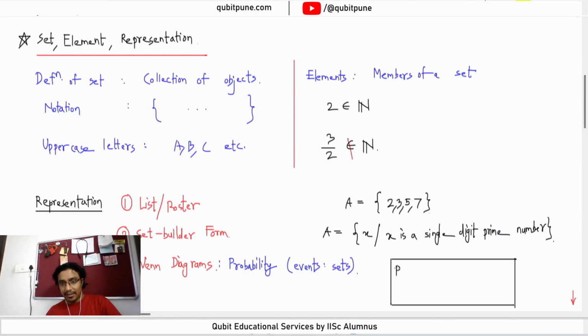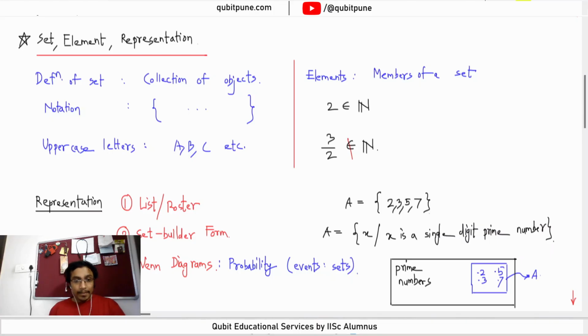Let's say this is the set of all prime numbers, and among them we consider only those 4 which are single digit, 2, 3, 5 and 7. And this set, which is quite often represented by a rectangle or a circle, that is the set E. Any doubts so far?